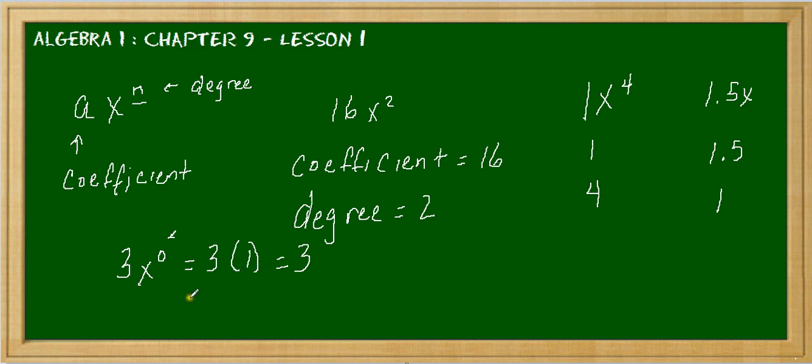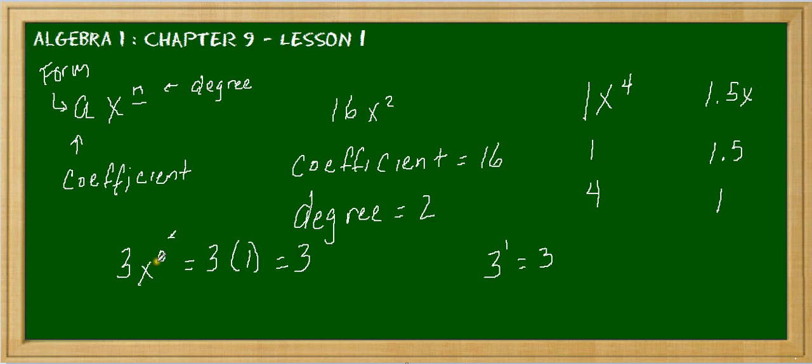Why? Well, you might ask, Mr. Cartagena, wouldn't you say that 3 to the first power would have a degree of 1 because that's equal to 3? Well, that's true. But for us to actually have the monomial, we need to have the x. This is the form. If this is the form written as a monomial, we must express it with an x value, and that x value must not change the value of our expression of 3.